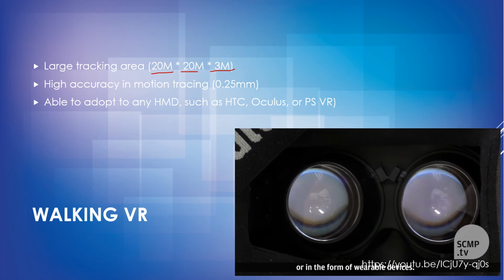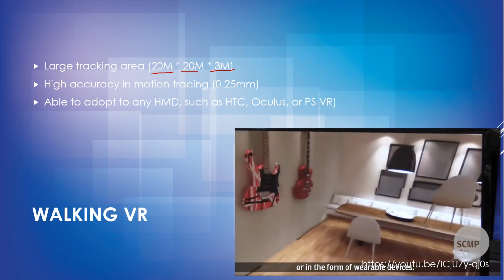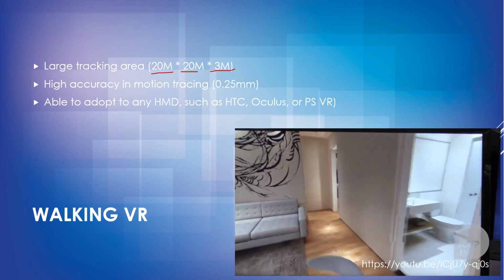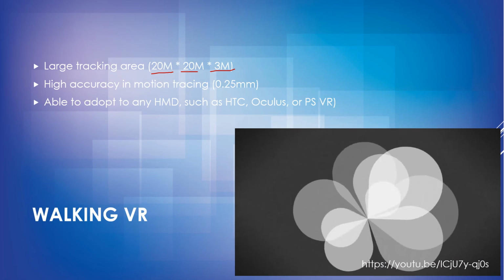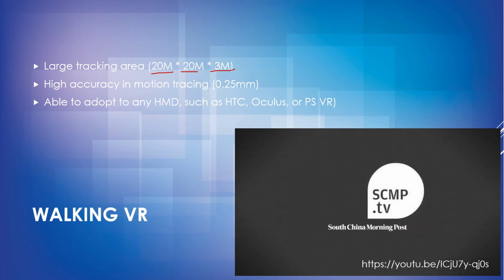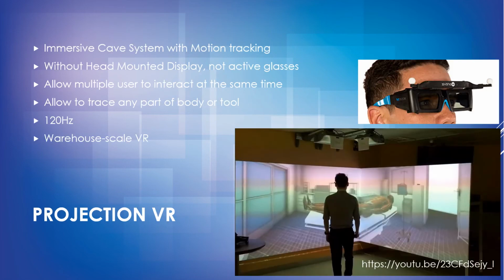You can track an area about the size of a basketball court, so you can track motion in a basketball match. It's good enough, and its accuracy is high enough. We combine the optical motion capture system, that means the white ball, the white reflective marker, with the head-mounted display. So you can connect with the HTC, with the Oculus, or with other kinds of VR, and so on.